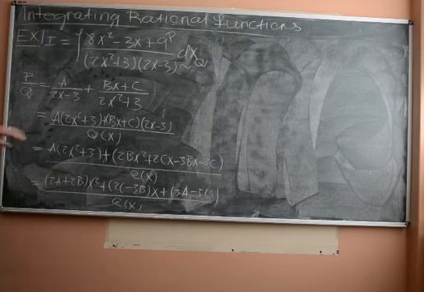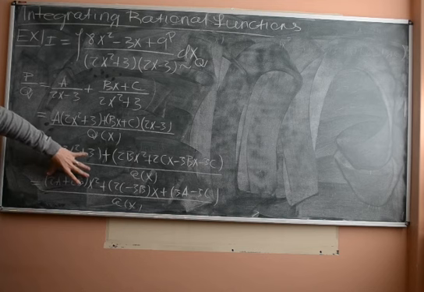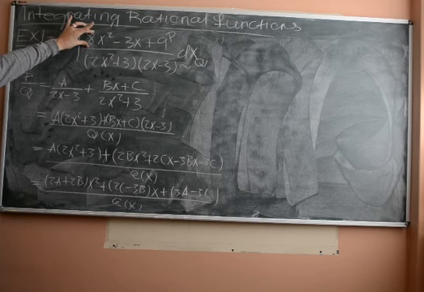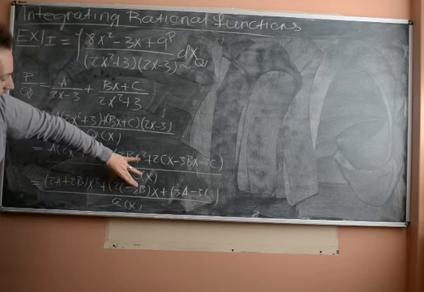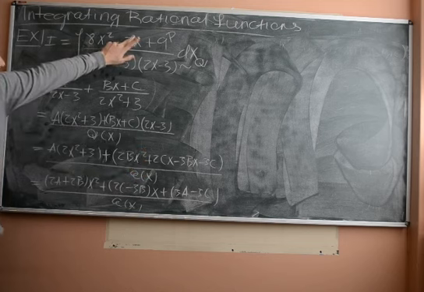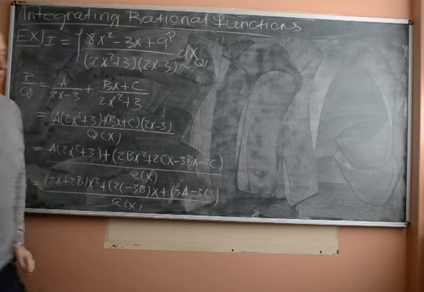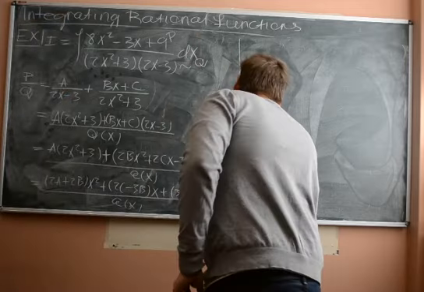That means the coefficient for x² in this polynomial has to be the same as the coefficient for x² in p. Similarly for x, the coefficient here must be the same as the coefficient there, and similarly for the constants. So let's write down the equations.